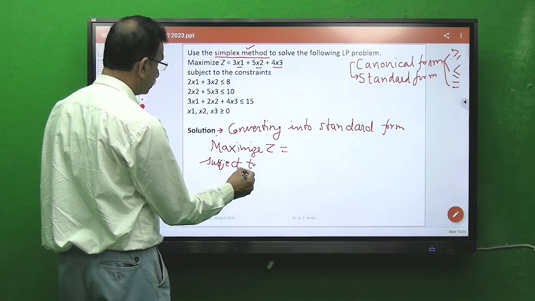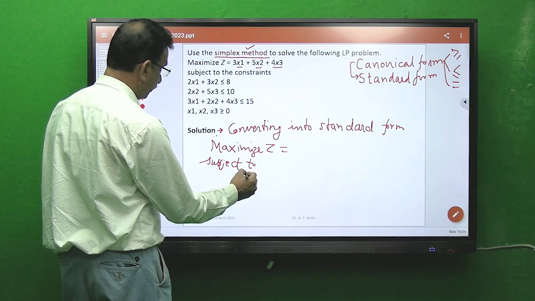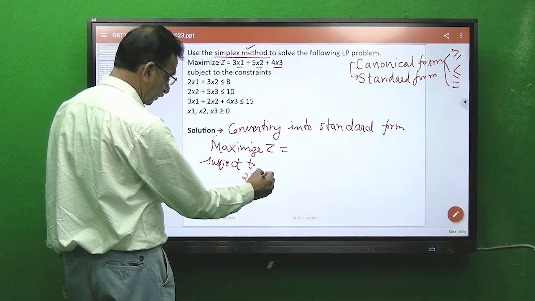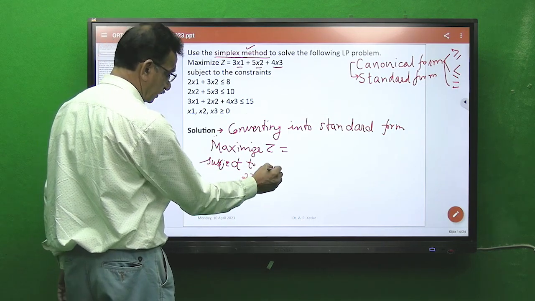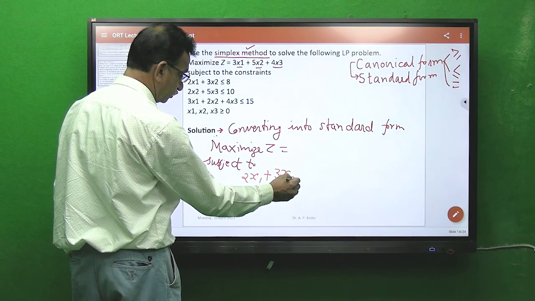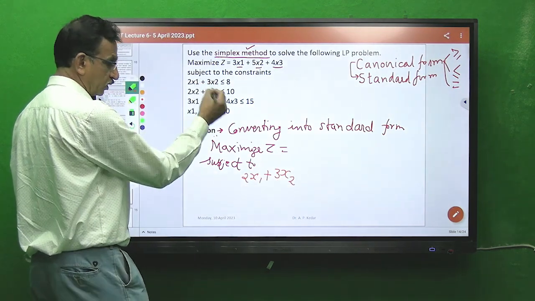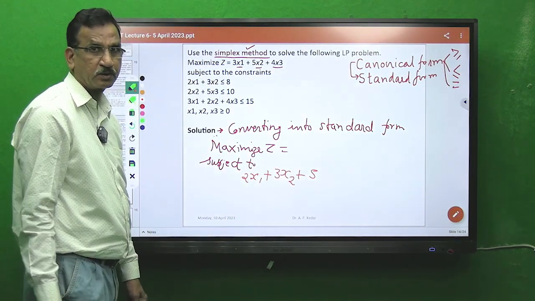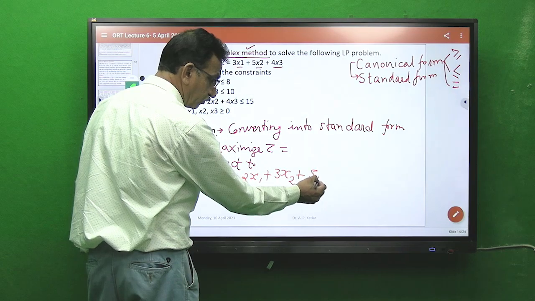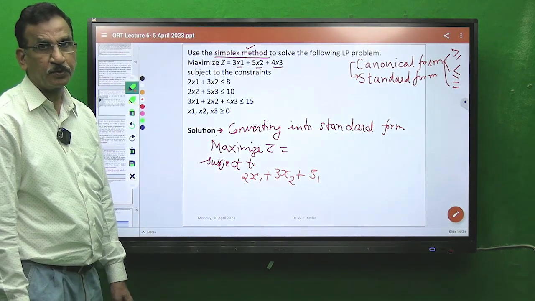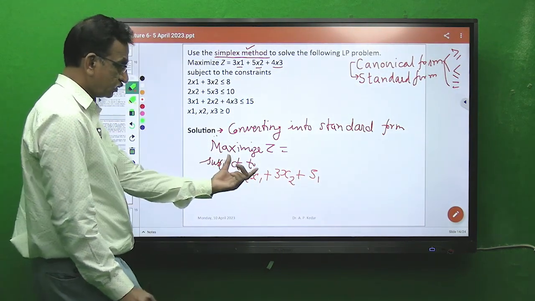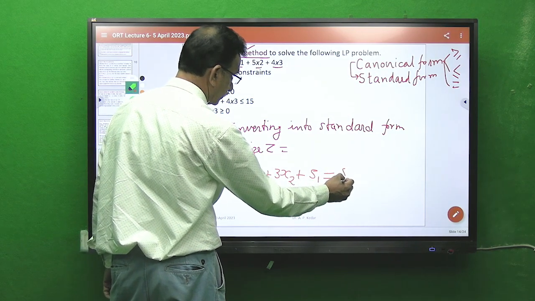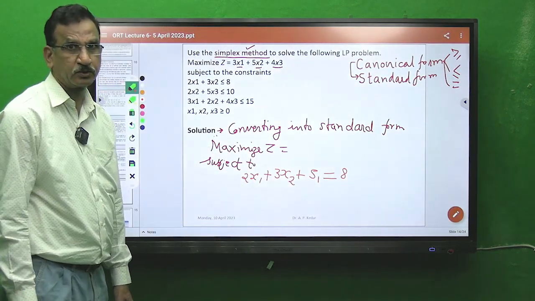So as discussed, we will be adding slack. So 2x1 plus 3x2, plus now something is slack. The slack is represented by s. We are adding it for the first time, therefore suffix 1. Now this left hand side is equal to right hand side, which is equal to 8.